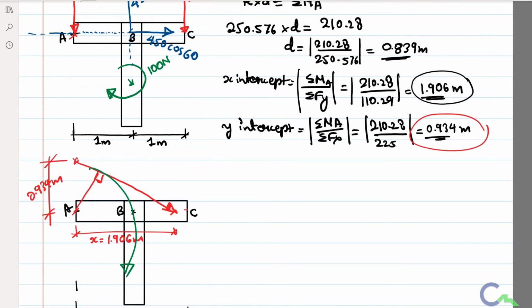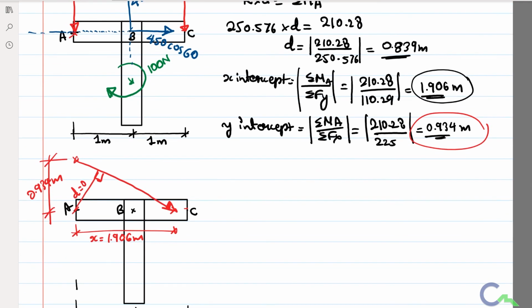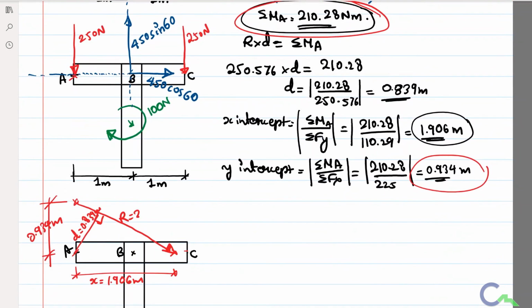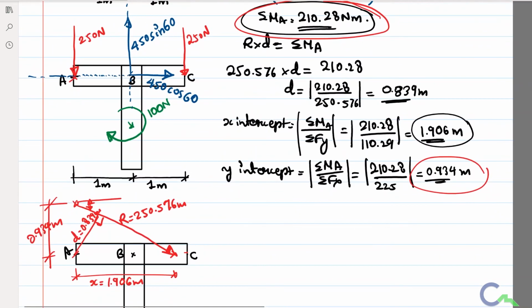I am going to take D is equal to 0.839 meter. Then R value we got 250.576. Then this is the theta value, that is 26.11 degree.